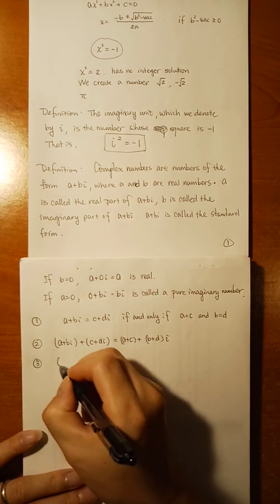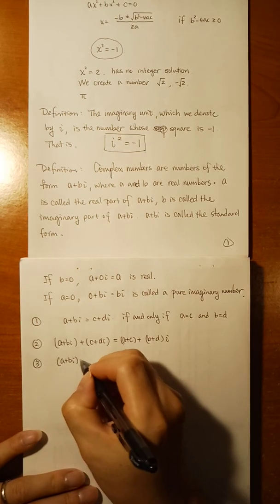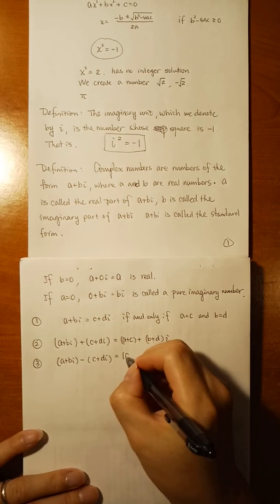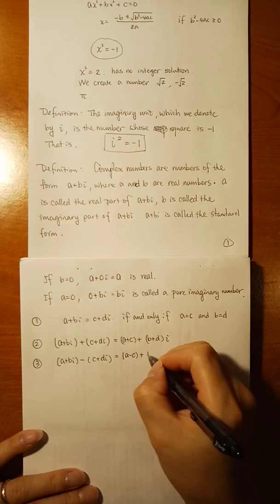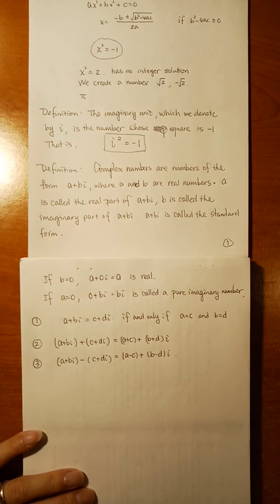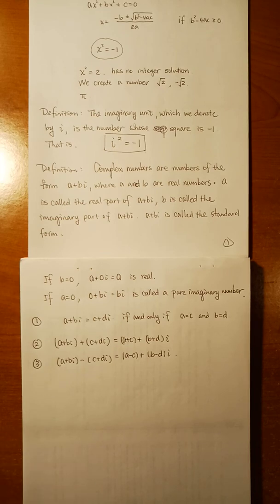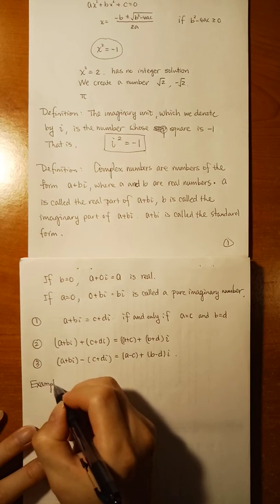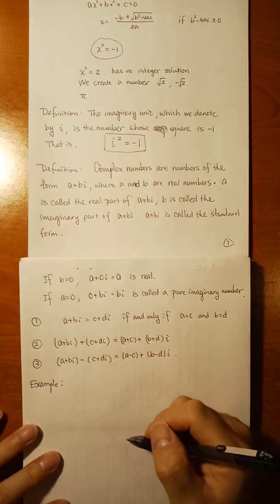And similarly, if you have a subtraction, you do the same thing. The real part minus real part, imaginary part minus imaginary part. So this is a subtraction. Okay, so let's just do one example. The example is simple because the rule is very simple.